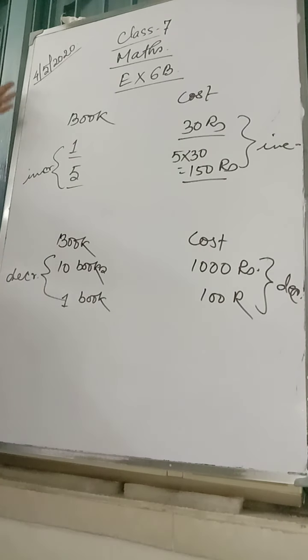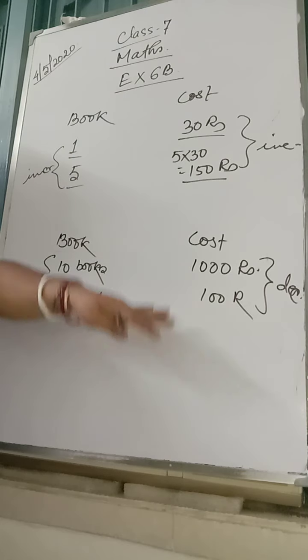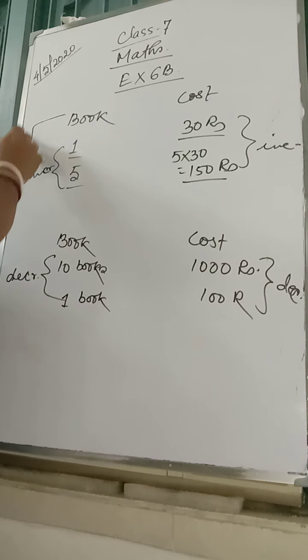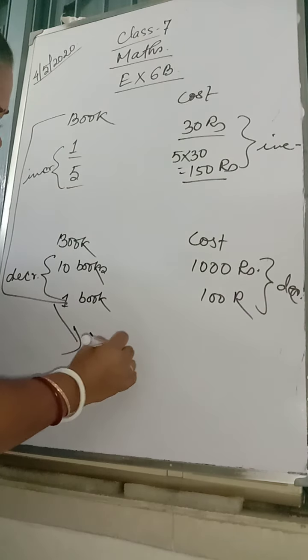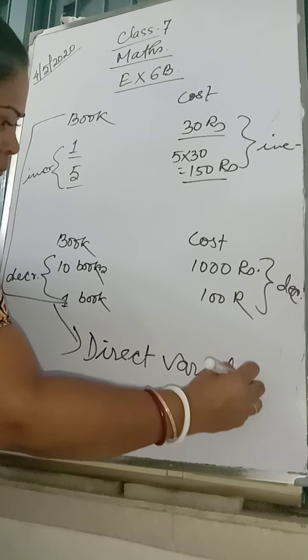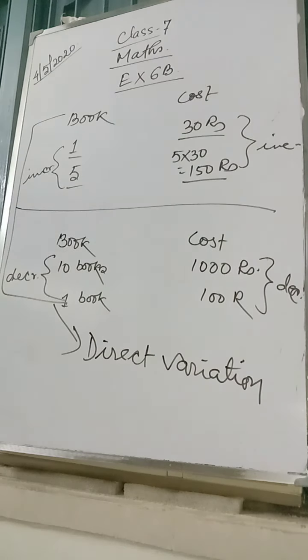If both terms increase or both decrease, then what is it called? It is called direct variation. Both the terms are increasing or both the terms are decreasing, then it is called direct variation.